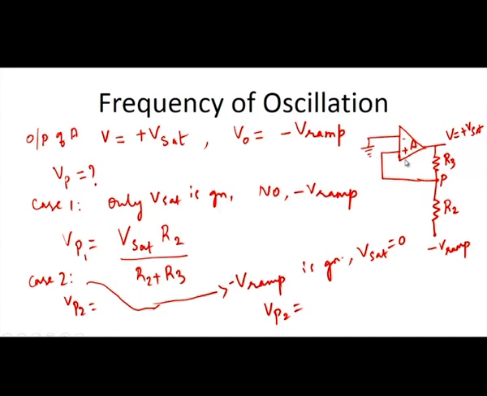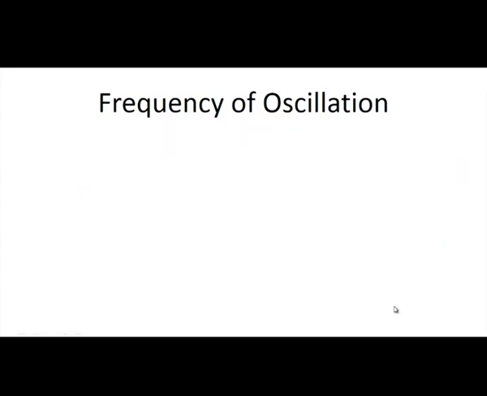So, Vp2 is minus V ramp into R3 divided by R2 plus R3. So, this is Vp1 and Vp2. The effective voltage finally is Vp equal to Vp1 plus Vp2.